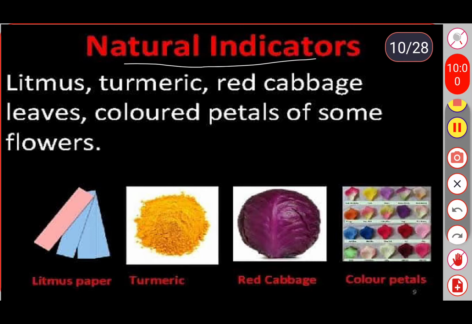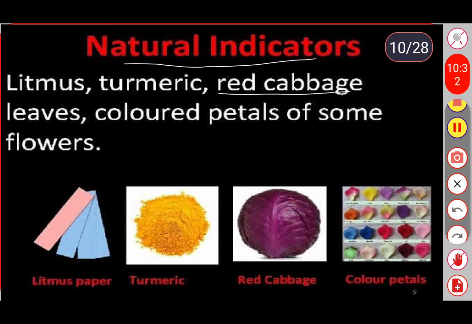Next one is turmeric. Turmeric juice is also one type of natural indicator. It is obtained in yellow color. It remains yellow in acidic and neutral solutions, but it shows a different color in basic solution, which is brown. The next example is red cabbage.